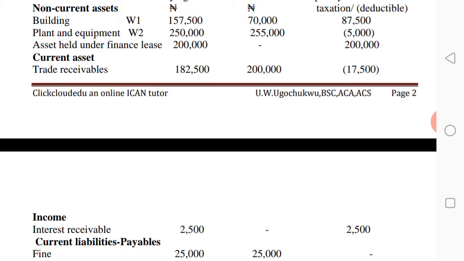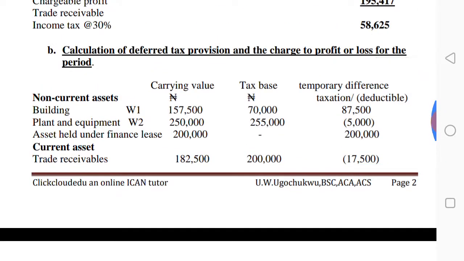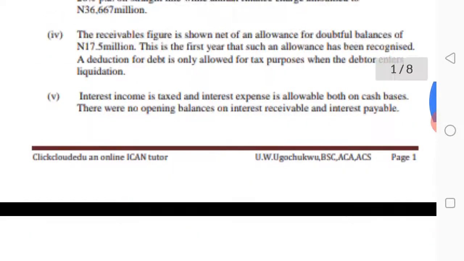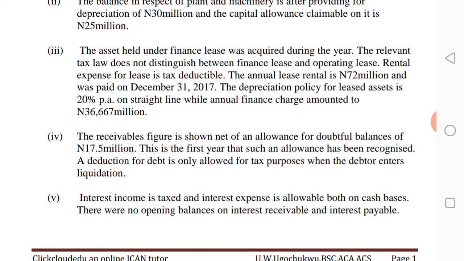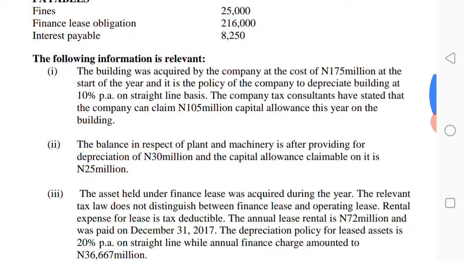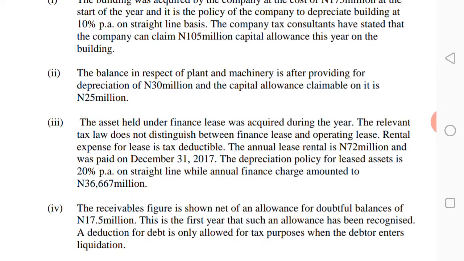For trade receivables, we are told that the carrying amount of trade receivable is 182,500,000, which is given here. Then we are told that there is an allowance for receivables, which is 17,500,000. This allowance for receivable will be added back to our current amount of trade receivable to know the tax base of trade receivable.